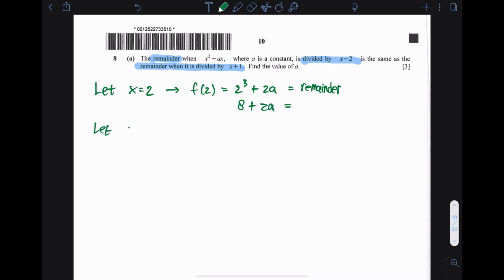Likewise, you can let x equals negative 1. You have f(negative 1) equals negative 1 to the power of 3 minus a. Again, this is our remainder. So then we have minus 1 minus a. This is by the remainder theorem.